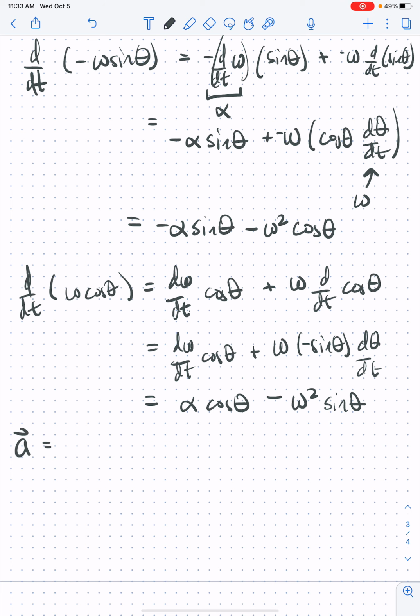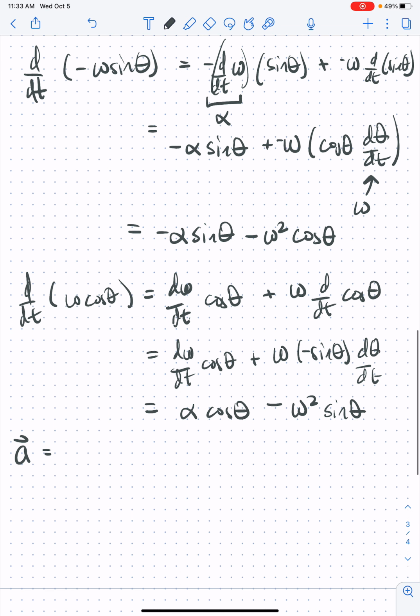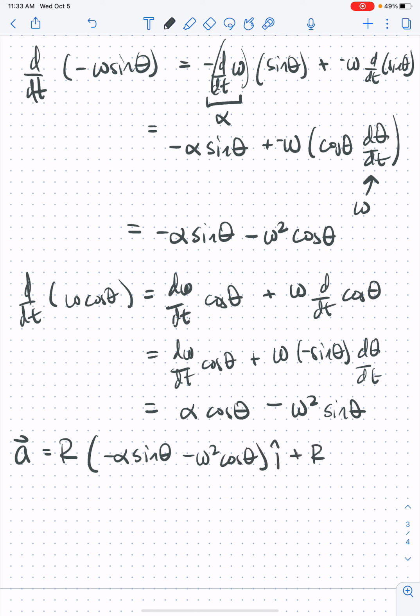So our A then is R times negative alpha sine theta minus omega squared cos theta i hat plus R times alpha cos theta minus omega squared sine theta j hat.